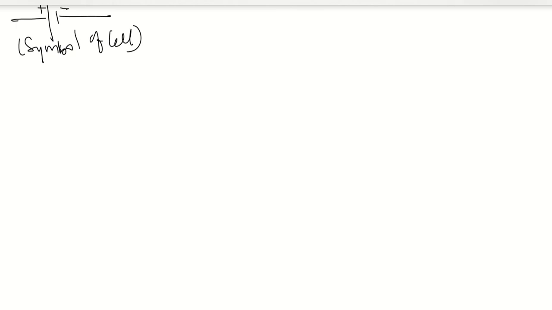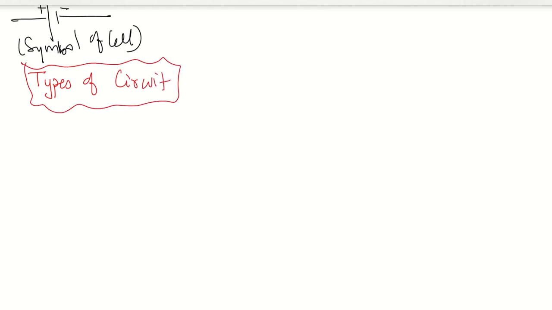Now coming to types of circuit, let us now discuss the types of circuit. Basically there are two types of circuit. One is called your series circuit and one is called your parallel circuit.